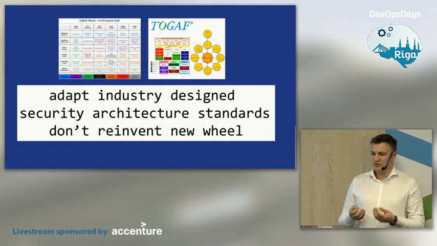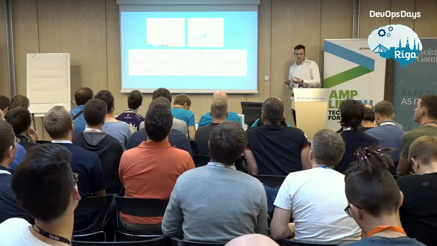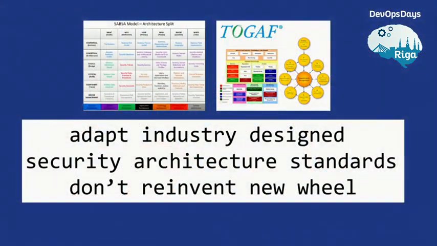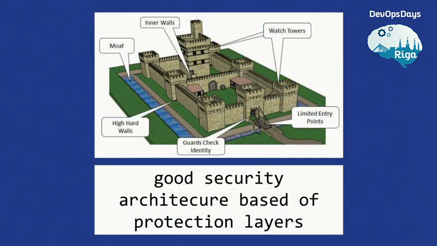And when it comes to principles and integral parts, you have to adopt some kind of architecture. Don't reinvent the wheel. Take something already ready and adapt it for your case.